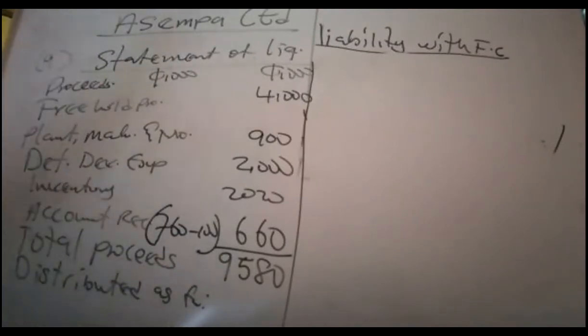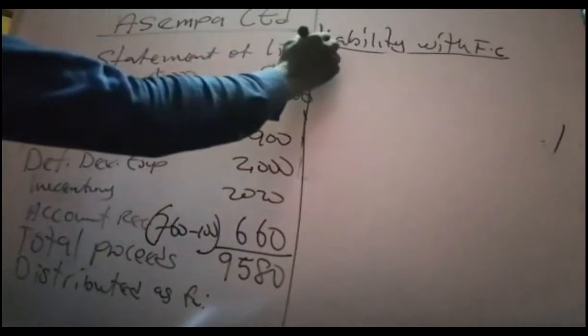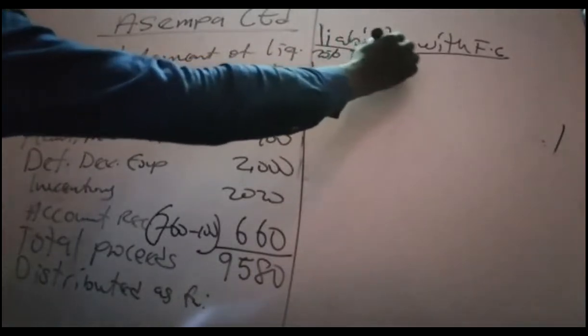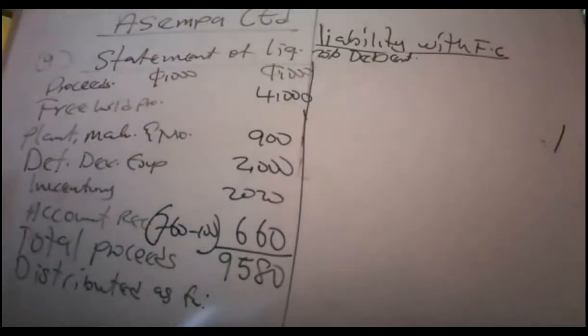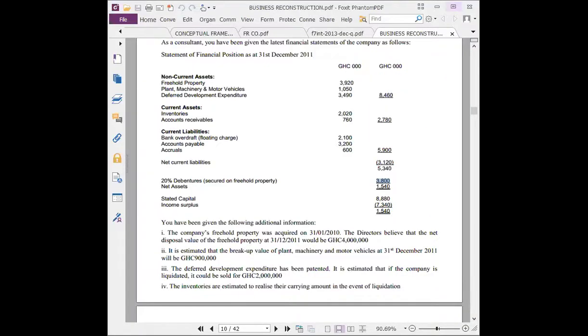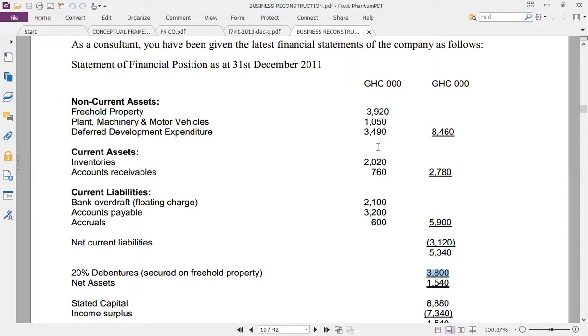So 20% debentures. Now, it was secured on freehold property. How much are we owing them? We are owing them 3,800 Ghana cedis. That is the amount that we owe.